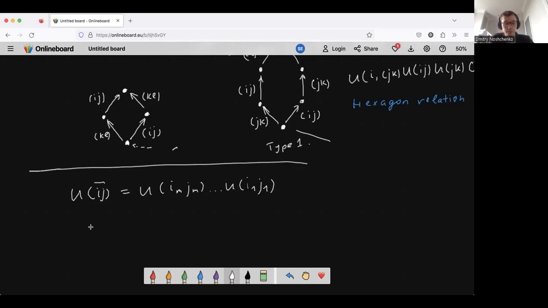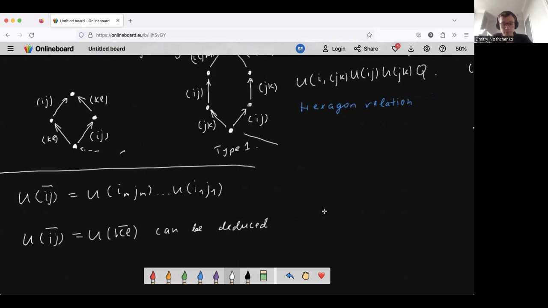So any relation of the form uij equals ukl can be deduced. Maybe let me state it a bit more precisely.